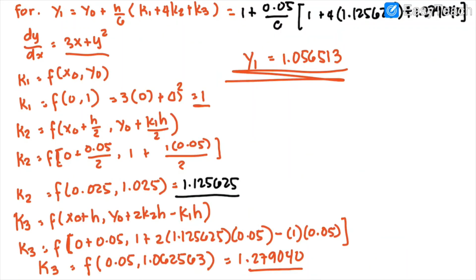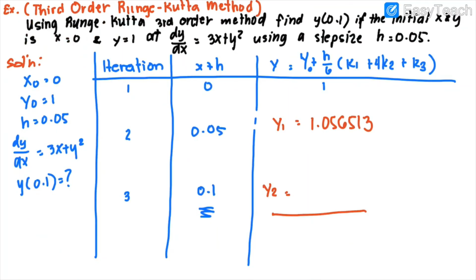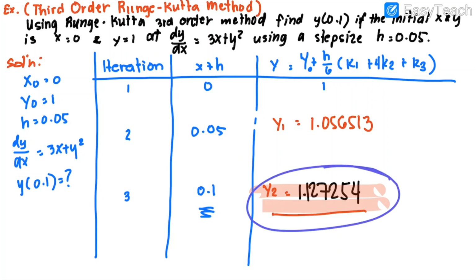So with that note, our final answer for y2 is then 1.27254, and again that'll serve as our final answer for the value of y at x equal to 0.1.